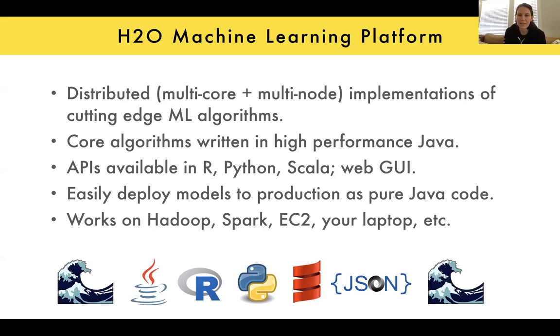So the idea was to be able to still write the code in R and Python and then be able to productionize in Java without having to rewrite everything in Java or C++. That's the whole philosophy of why H2O exists. And it also works with Hadoop or Spark or some of these other big data platforms.